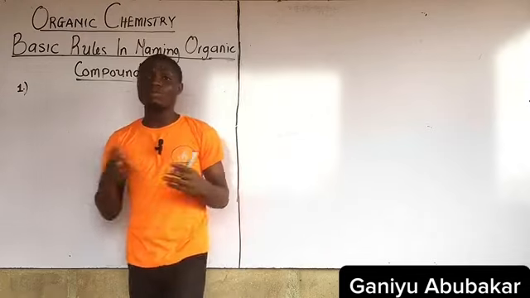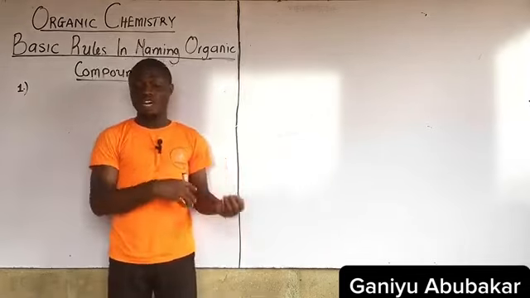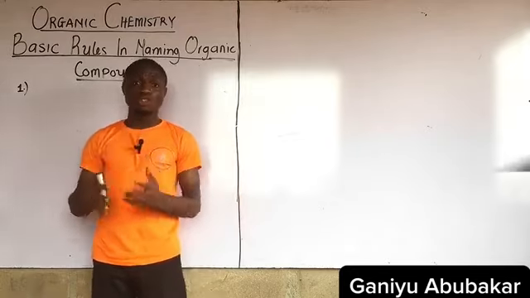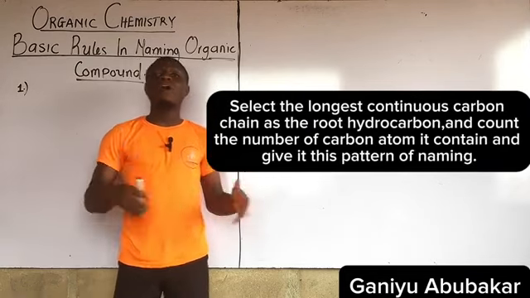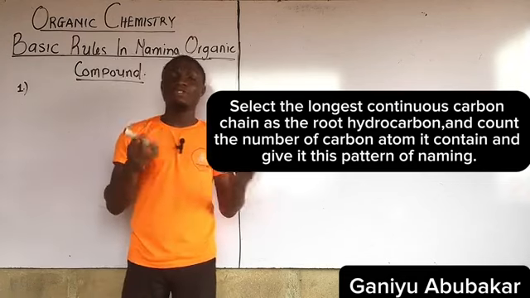So for this class, let's start with rule 1 of naming organic compounds. Rule 1 says select the longest continuous carbon chain as the root hydrocarbon, and count the number of carbon atoms in the organic compound and give it this pattern of naming.